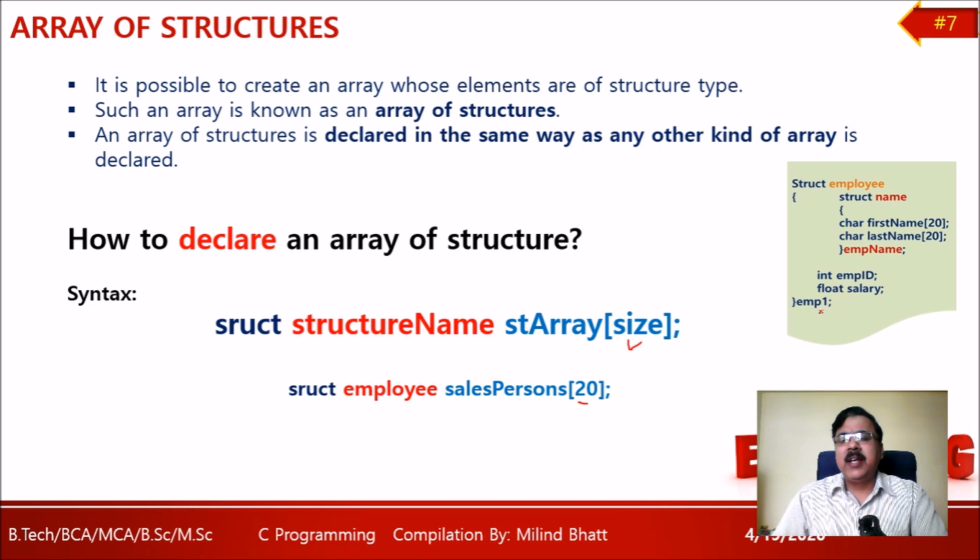One variable of employee has been mentioned as emp1, but out of this we can create an array also: struct employee salesperson 20. Then this particular variable is actually an array, and this array is of structure type.